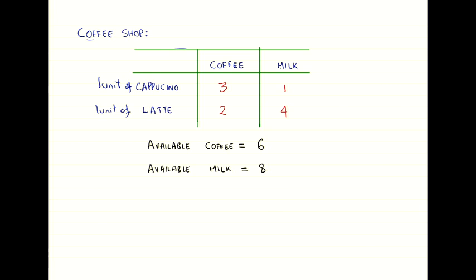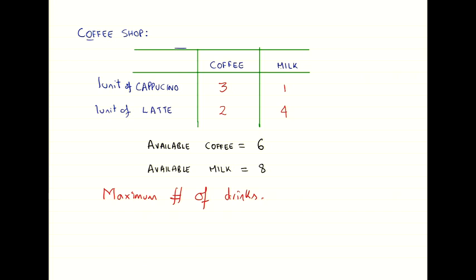And what do you want to do? You want to maximize the number of drinks, you want to make the maximum number of drinks. In particular, you have to decide how much cappuccino you're going to make and how much latte you're going to make. And you have your available coffee and milk and how much it takes to make 1 cappuccino and latte.